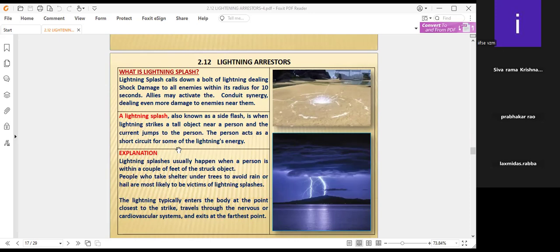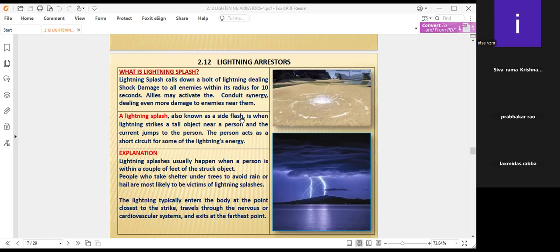100% right, sir. Even then, suppose the person stands on some insulator material, for example stands above the surface of the earth on an insulator plate, the person is affected less, because in this case, if any copper conductor is nearby, copper is a good conductor of the power, so it of course jumps to the copper.